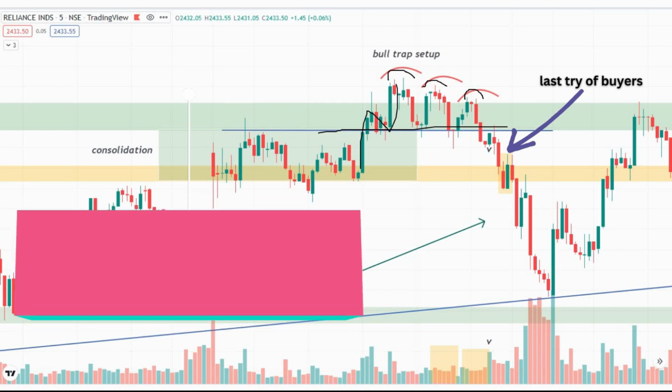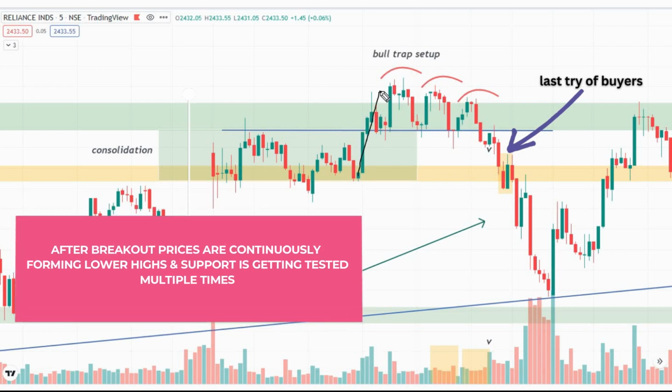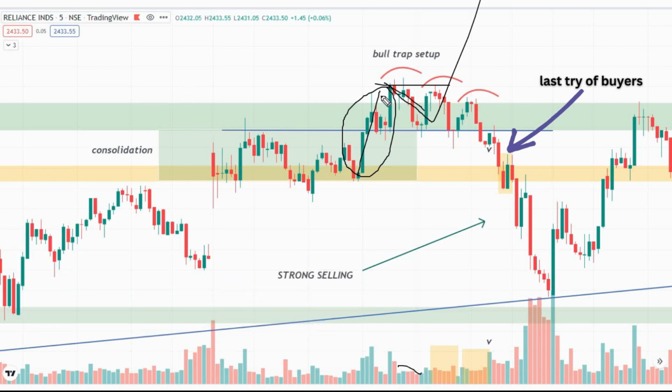As I already told earlier, after a breakout, if these bulls were very strong, they should have continued the upward momentum by taking a low volume pullback. But after the breakout, prices are continuously making lower highs and testing the support zones. So this is an indication that bulls are not that aggressive or dominant at this price area. That's why they are not able to continue the upward momentum.